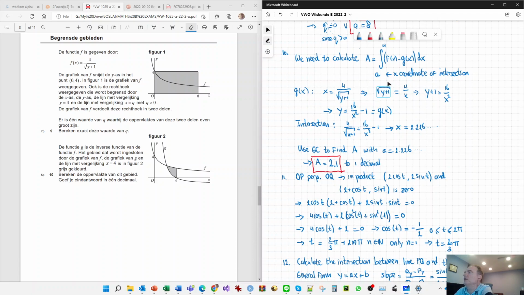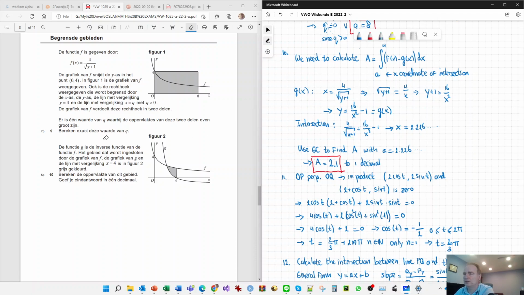And again, one side just has a square root, so you can take the square. And then you get y equals 16 over x squared minus 1. So to find for which x they intersect, you get this equation.